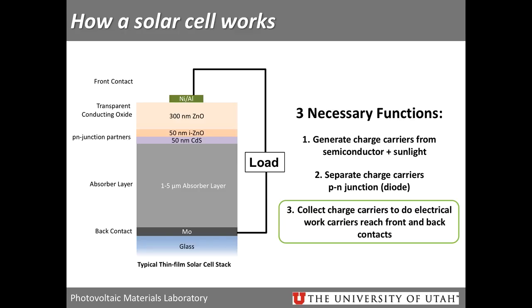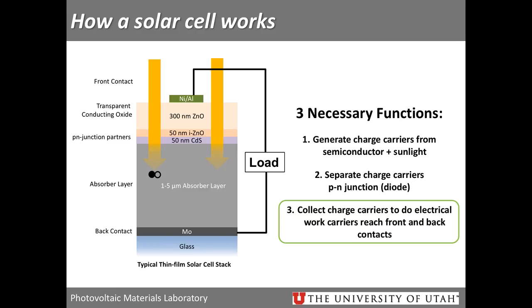So like I said, we need to generate charge carriers. You have light coming in, and you make an electron hole pair. An electron is excited from the valence band into the conduction band. You have an electron hole pair. But if that's all it does, then your solar cell is useless, right?